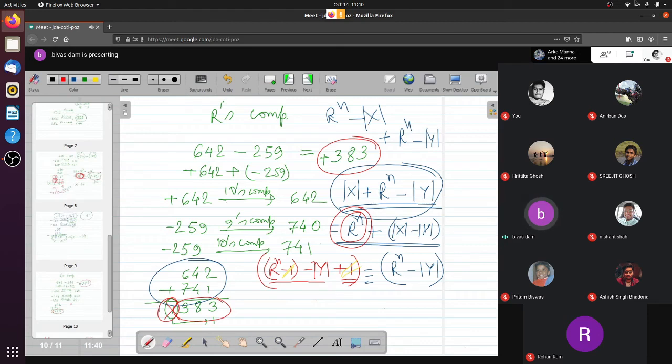So in case mod of x is greater than or equal to mod of y, there is going to be a valid, non-zero R to the power n. But in case the magnitude of x is less than the magnitude of y, this value itself will be negative.